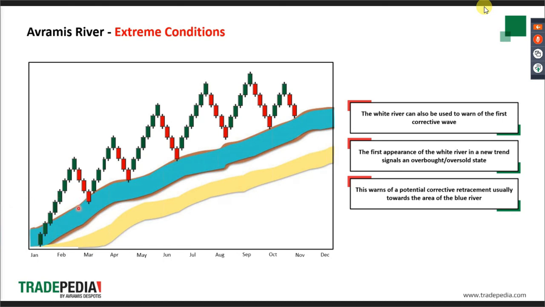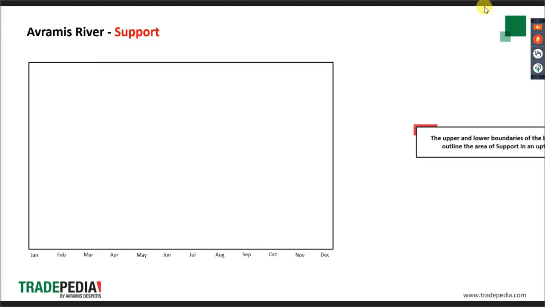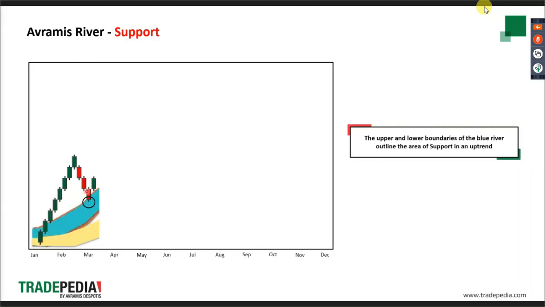So usually how you can, let me see if it's mentioned. Oh, okay, yeah. Right now we're going to be talking about support. In an uptrend, you use your support as your stop loss. Okay, so in the same way, it acts like a moving average where it can provide your visual support and resistance zone.